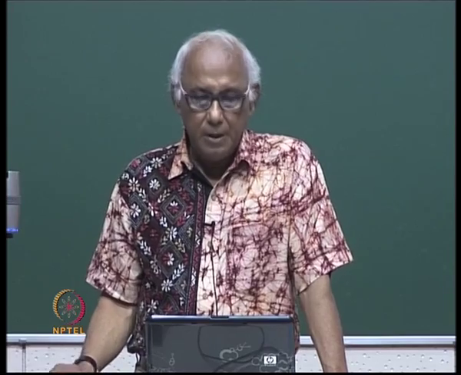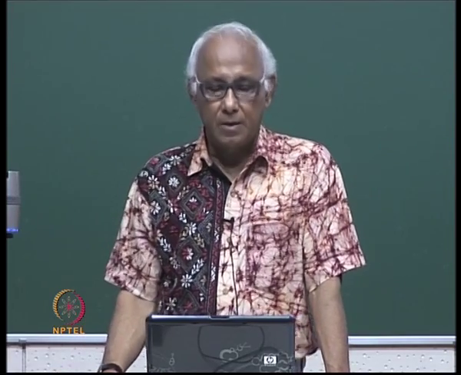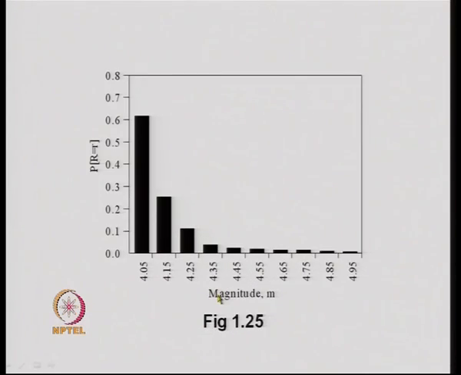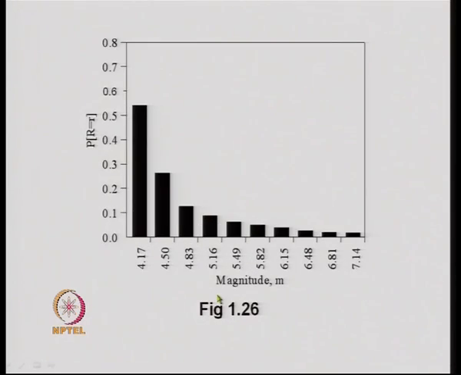So, the probability of occurrence of that magnitude of earthquake can be obtained for source 1, source 2 and source 3. For all the three sources, one can have this probability of occurrence of the magnitude of a certain earthquake.